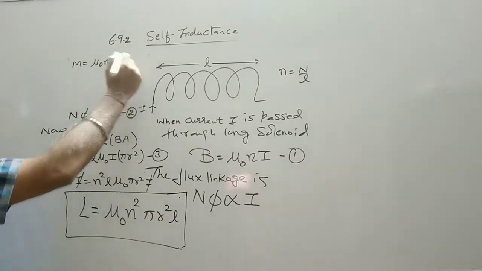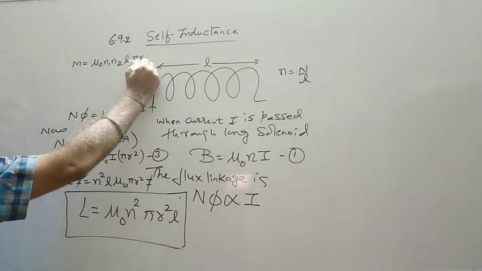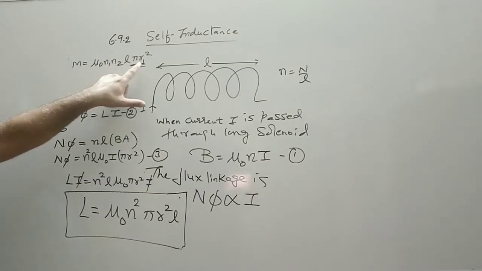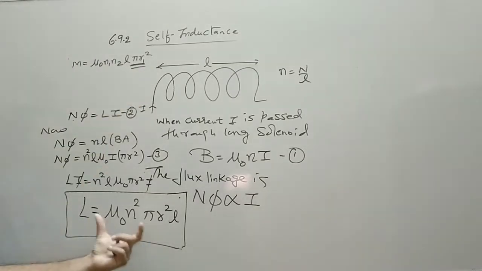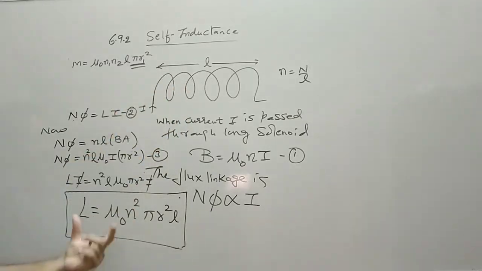There we have L, here also we have L. There we were having the area of the inner solenoid, because the inner solenoid was completely immersed. There is no inner and outer. There is a single isolated solenoid or an isolated coil. So this is the self-inductance of a solenoid.